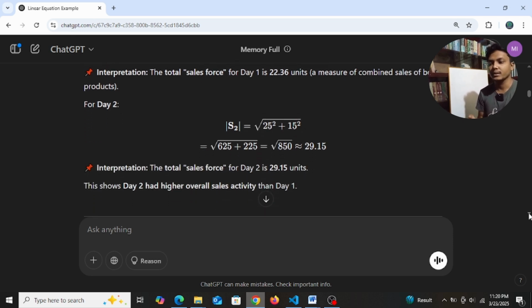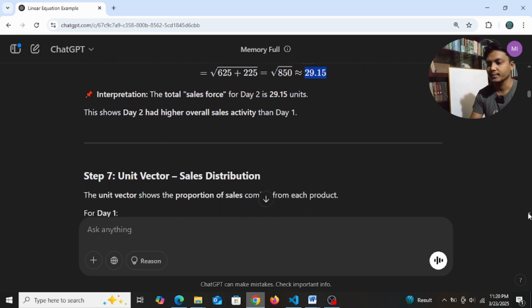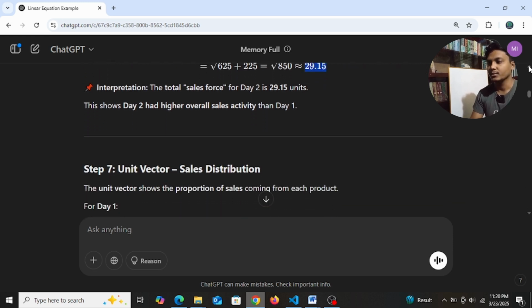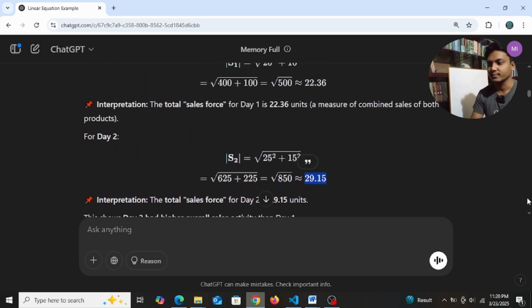Without considering separate smartphone sales and laptop sales for the two days, with these values we can say that day two's sales activity was higher compared to day one, right? So this is where magnitude can come into action, guys.